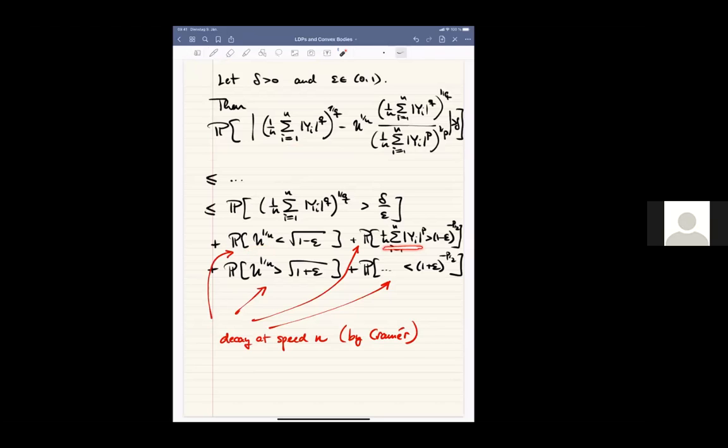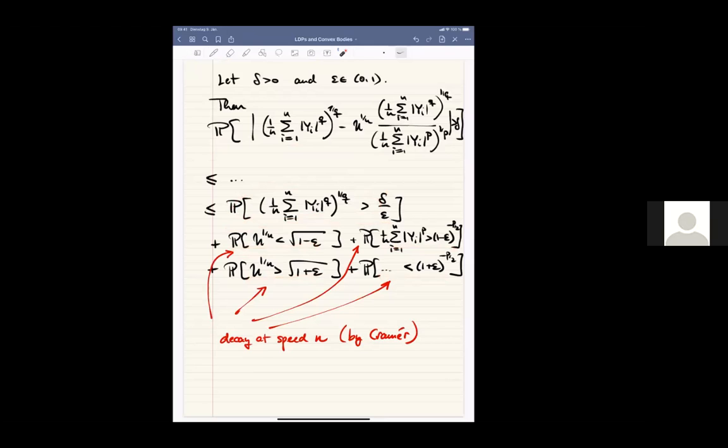The large deviation principle for this follows by Cramer because this has exponential moments. We know LDPs for all these terms, essentially. So you know that those terms here all decay much faster than this one, and so by the largest exponent wins principle, this is the only thing you see in the end.